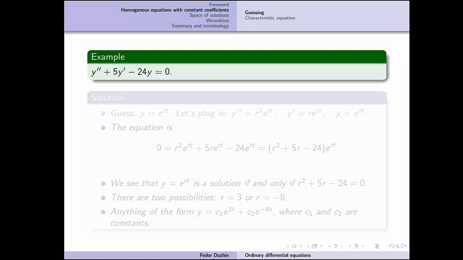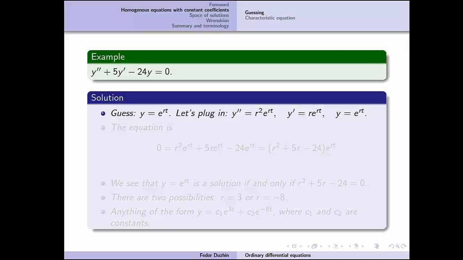Just by analogy with first order linear differential equations and our simplest example of a second order differential equation, let us try some kind of exponential function as a solution. So let's write it in the more general form: y equals e to the power rt, where r is the unknown parameter.